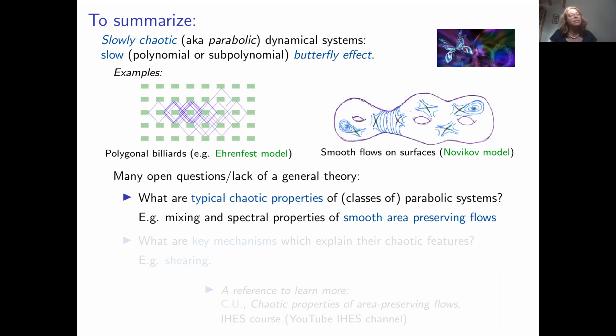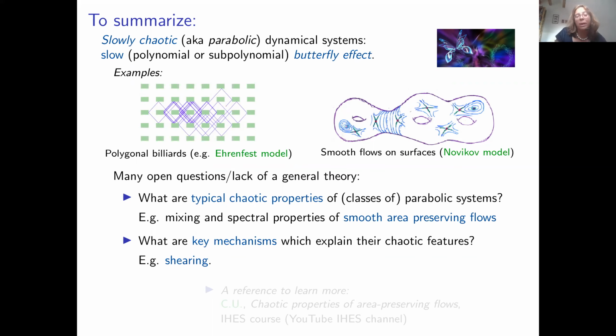And as I said, there is a lot of work to be done in understanding typical properties of classes of parabolic systems. We saw the example of Novikov flows, or smooth area preserving flows on surfaces, that we start to understand well from the mixing and spectral point of view. And there is hope to describe some crucial mechanisms like shearing, which play a key role in understanding parabolic flows.